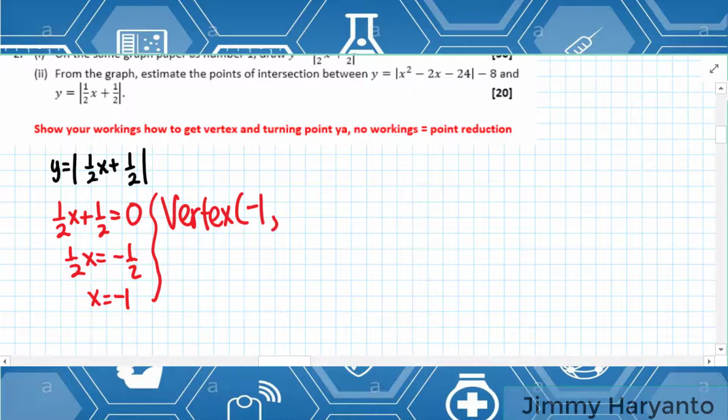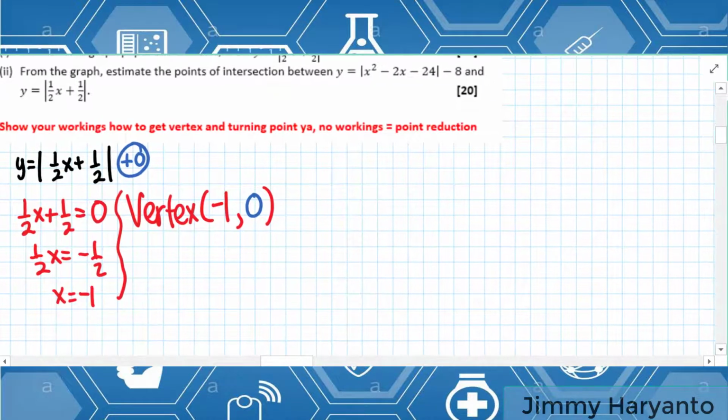And then for the y, take a look at this constant. There are no numbers, but we know that if there are no numbers, that means plus 0. So the vertex is negative 1, 0. Next, this one is linear, so it doesn't have turning points, so you don't have to find turning points.